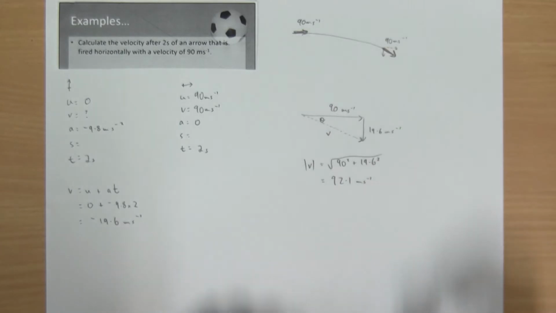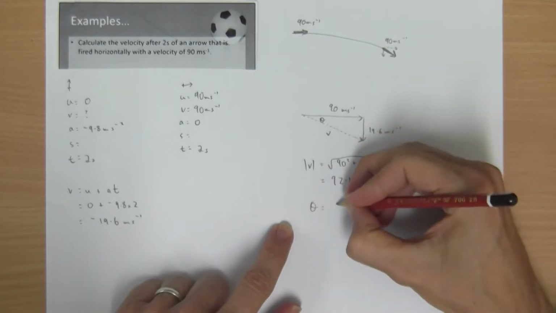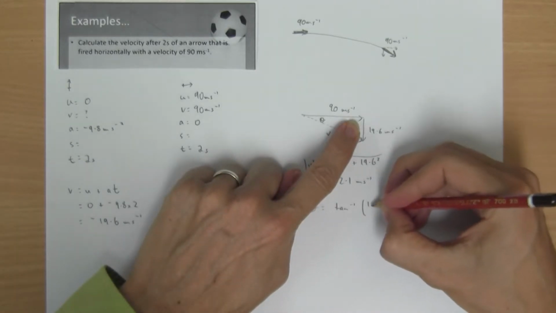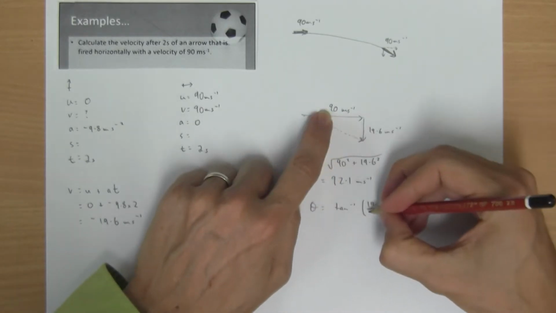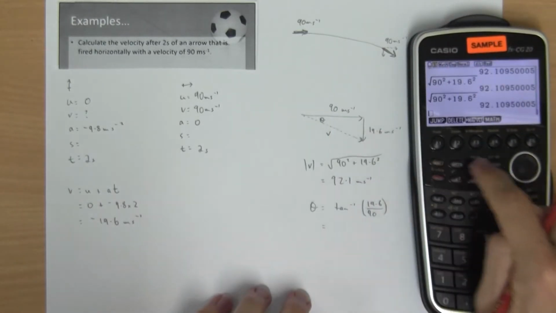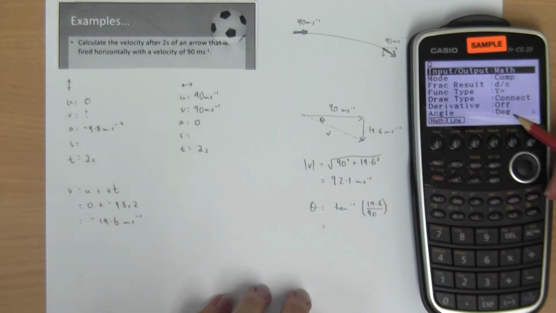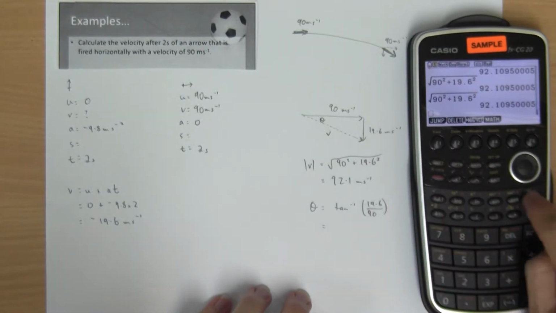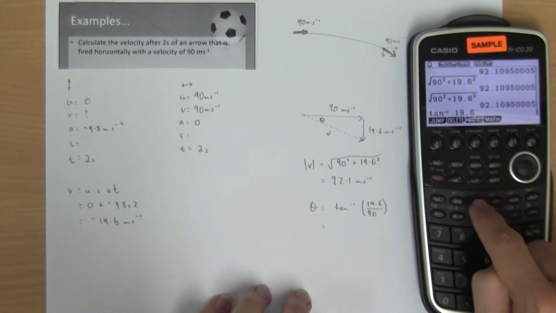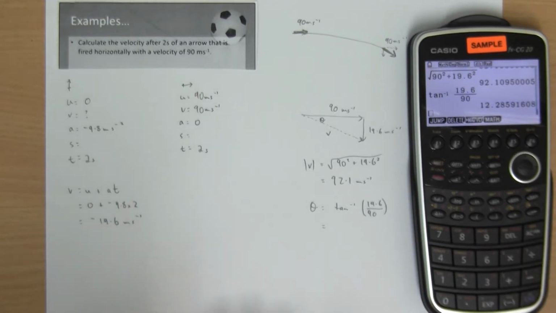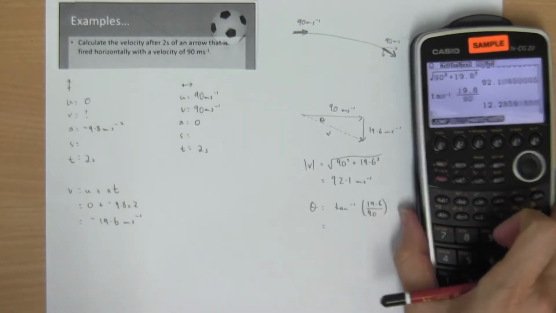Let's get the angle of depression. Inverse tan of opposite 19.6 over adjacent 90. Make sure I'm in degrees, which I am. Inverse tan of 19.6 over 90. 12.3 degrees.